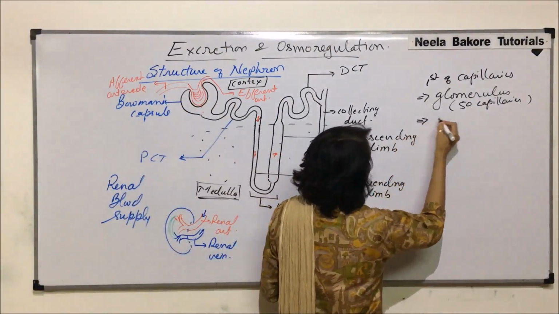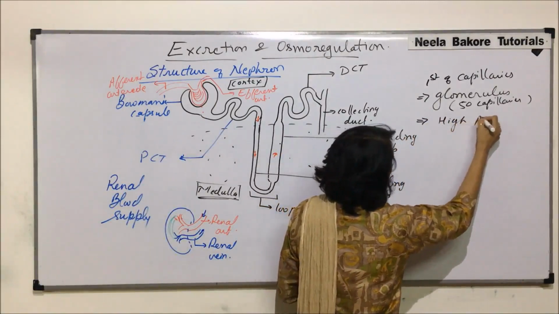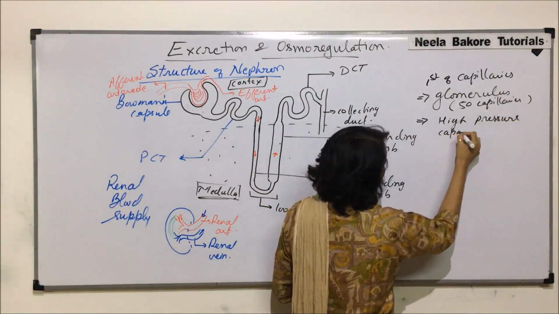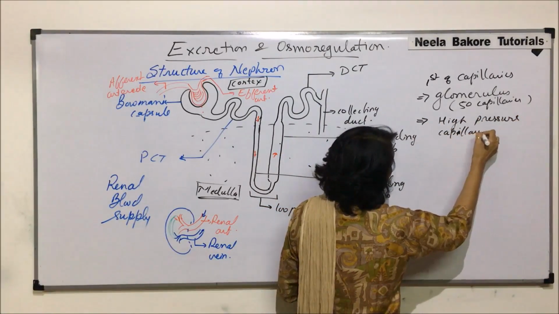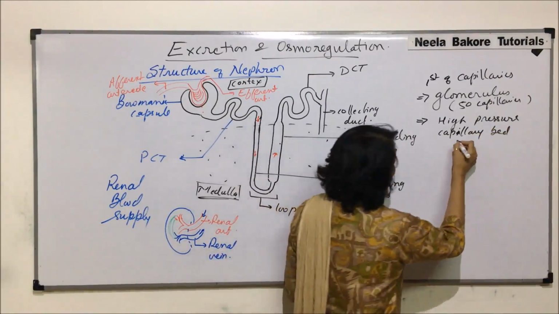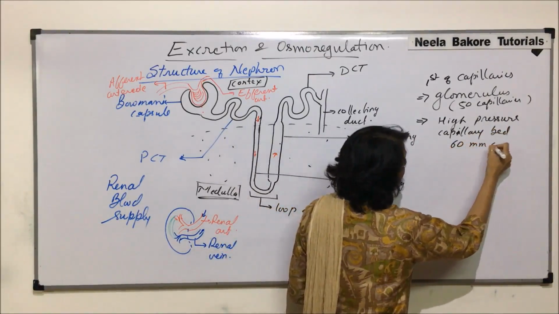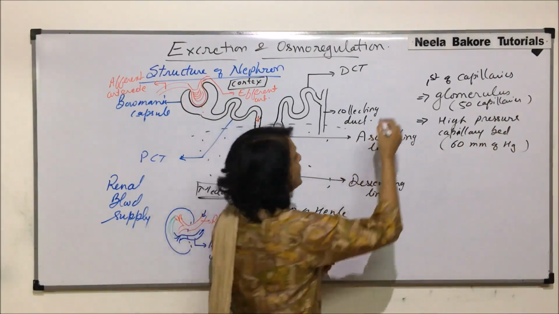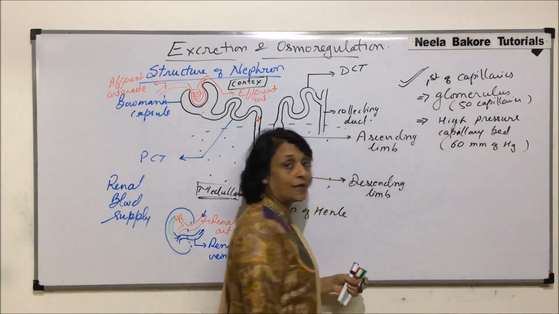So it is a high pressure capillary bed. Here the pressure is about 60 millimeters of mercury. So this is the first set of the capillaries.